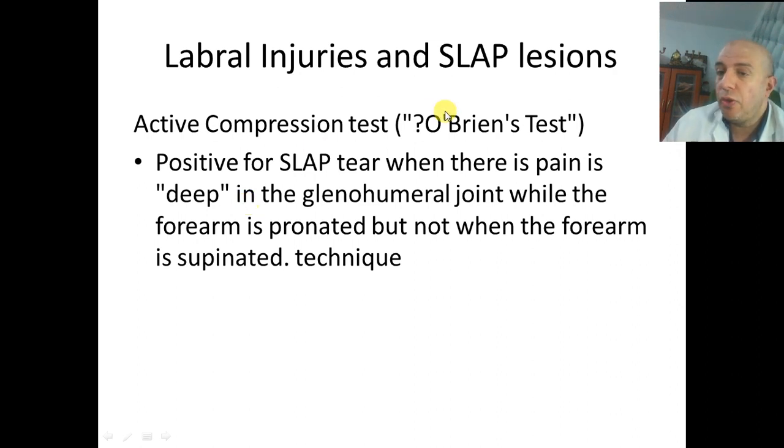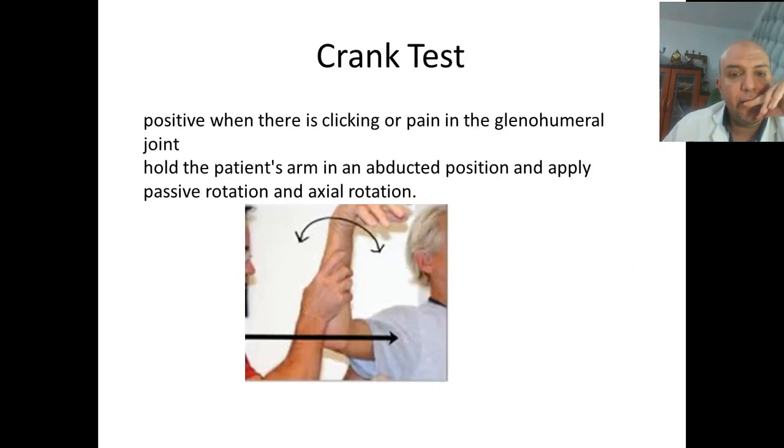For labral lesion, we are informing you about the O'Brien test in the side elevation. The crank test is another one. Just doing an axial force in abduction, with axial force you are cranking the humeral head against the labrum. If he has pain, it is positive.